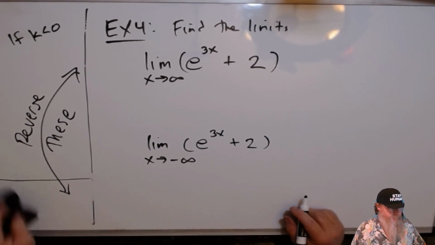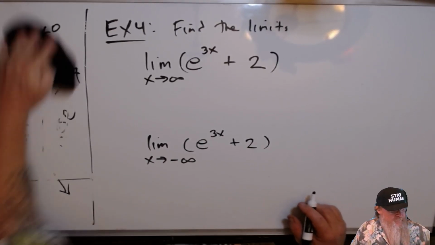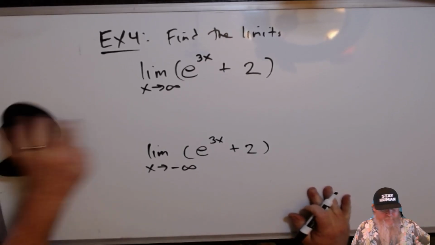All right. So k is positive. The constant is positive.